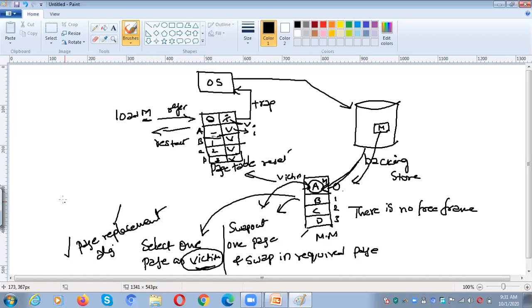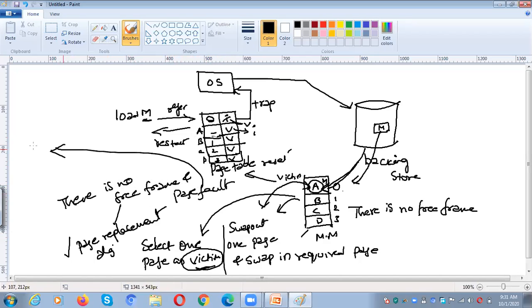So whenever there is no free frame and there is a page fault, what is a page fault? The required page is not available in main memory.